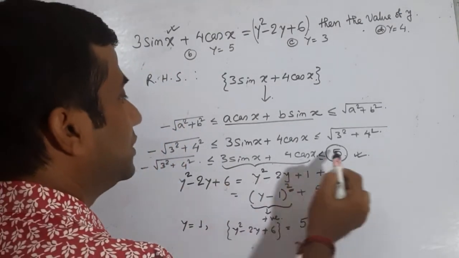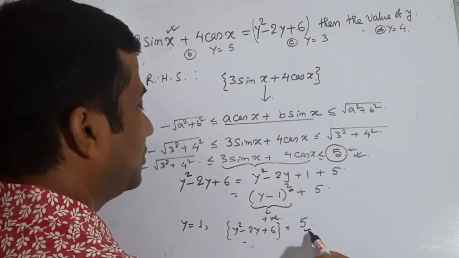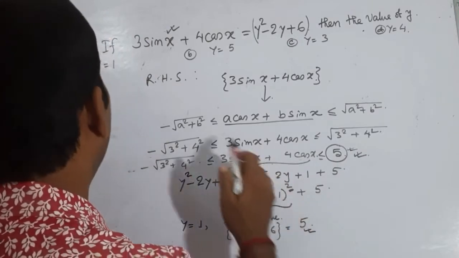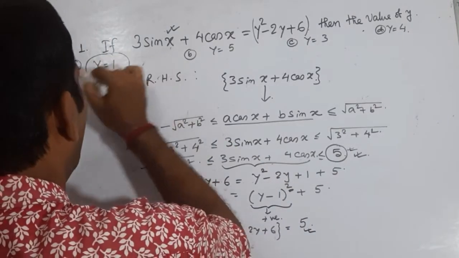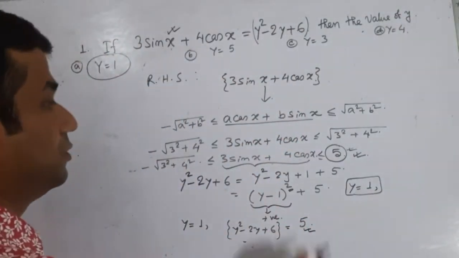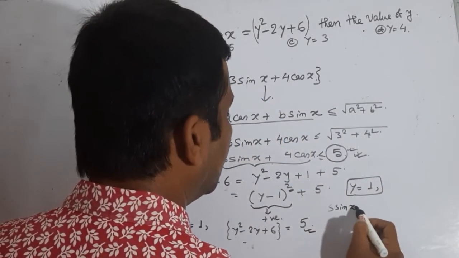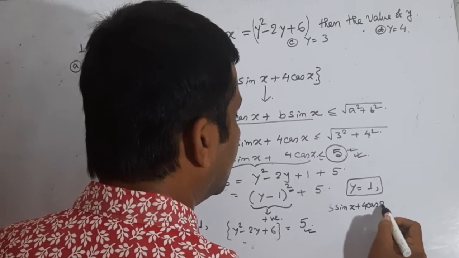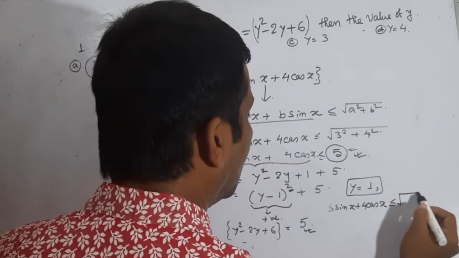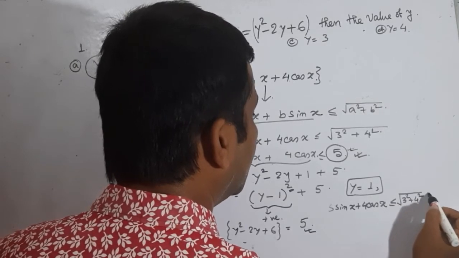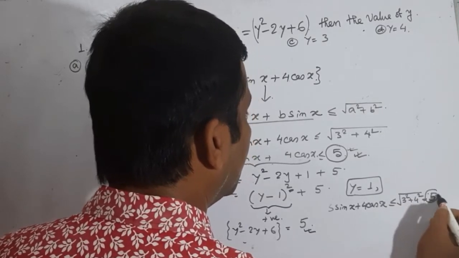Its maximum value is 5 and its minimum value is 5. So our required answer will be y is equal to 1. If y is equal to 1, then 3 sin x plus 4 cos x is less than or equal to root over 3 square plus 4 square, which is equal to 5.